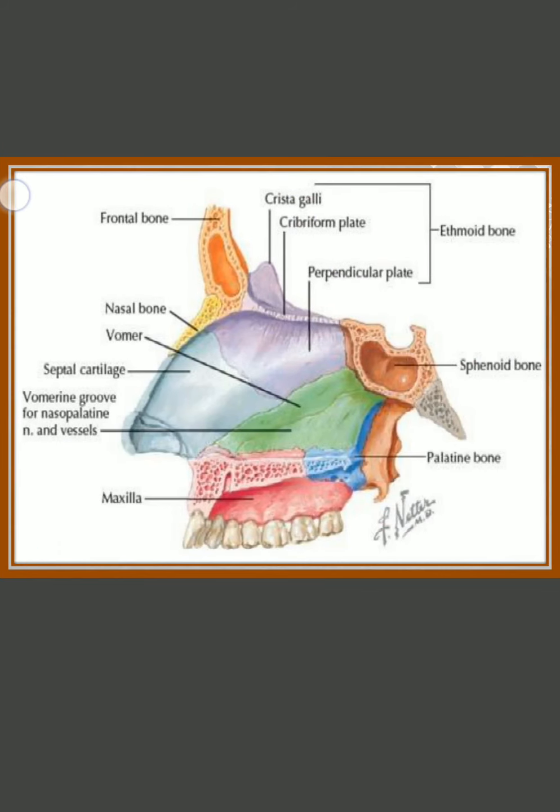So in this figure you'll see this green color here is showing the vomer. Vomer is a type of facial bone. It is an unpaired facial bone and it is exactly located in the mid-sagittal line and this is that bone, the vomer. It forms the bony portion of the nasal septum, especially the inferior part.